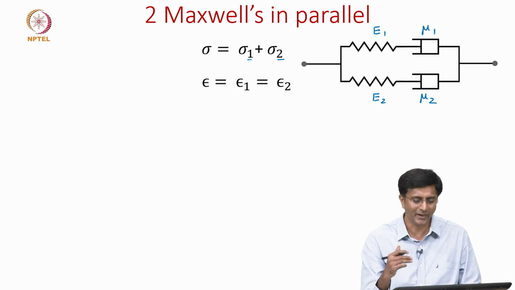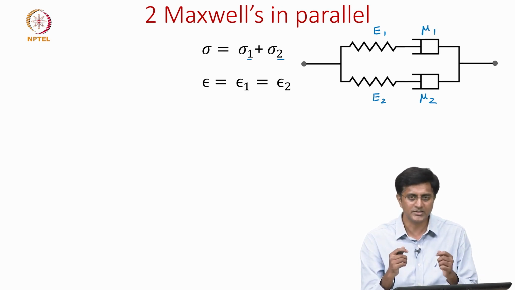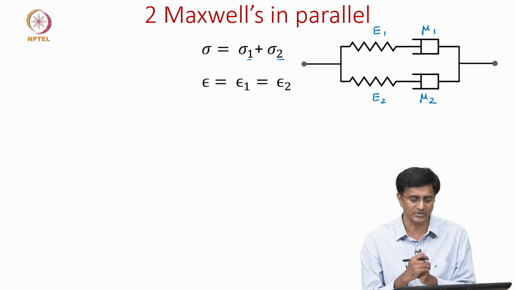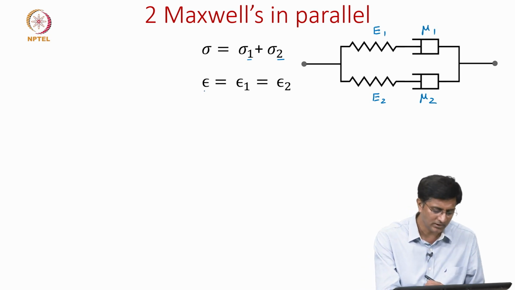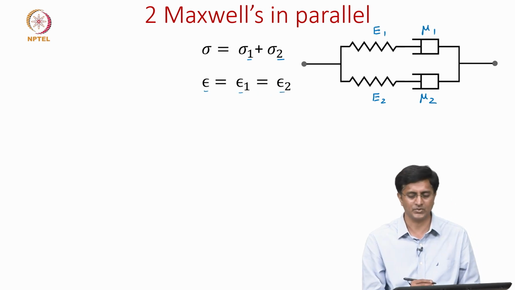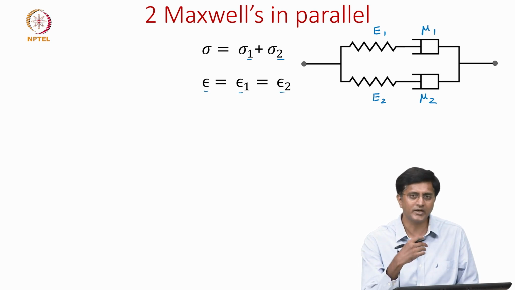Since these two are in parallel, the stress is a sum of the stresses in the first and the second Maxwells, whereas the strain is the same. So, the total strain epsilon is equal to the strain in the first Maxwell and is equal to the strain in the second Maxwell.